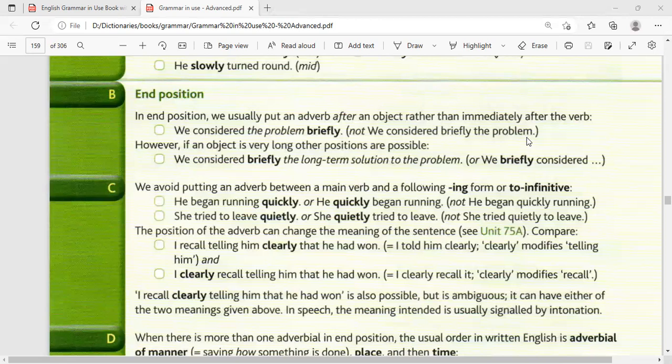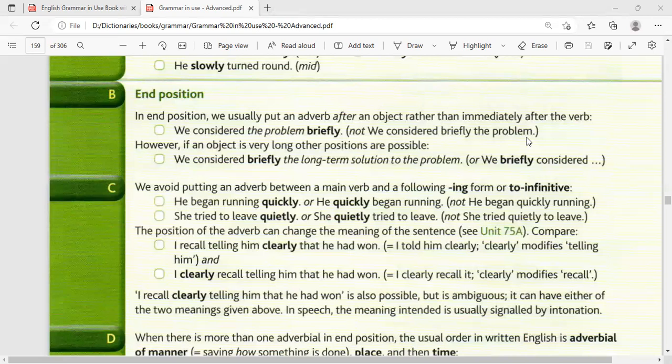Why here did we use the adverb directly after the verb and not after the object? Because the object is long. Because the object is very what? Very long.